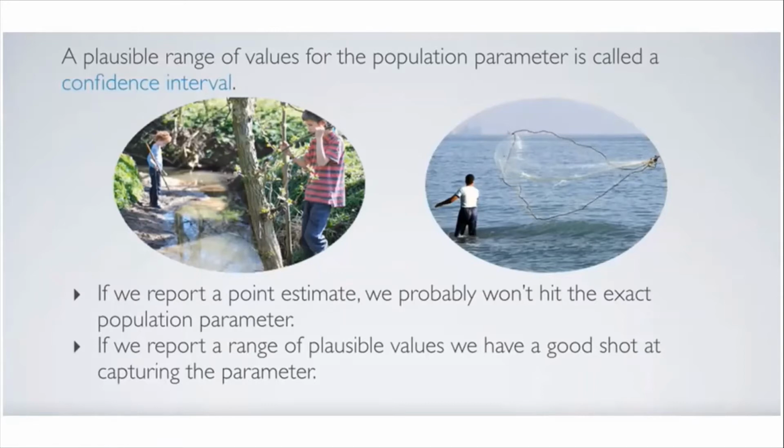You can say it's a mean or a proportion. But if we only report a point estimate, we were likely to miss the true parameter. In reality, we don't know the true parameter, so we need to give it a range so that we capture the true population parameter. If we report a range of plausible values, we will have a good shot at capturing that parameter.